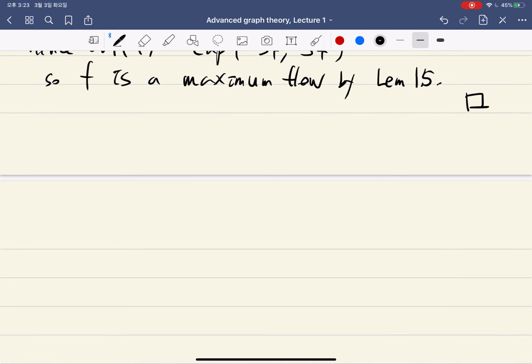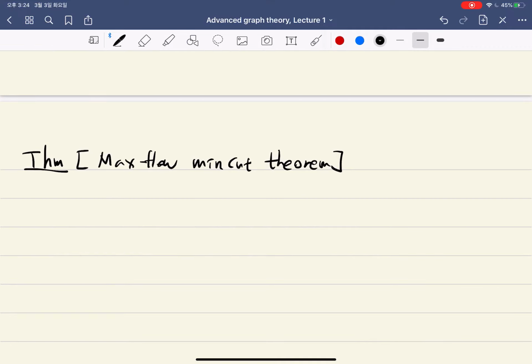From using this, what we want to show is this theorem, which is called the max-flow min-cut theorem.